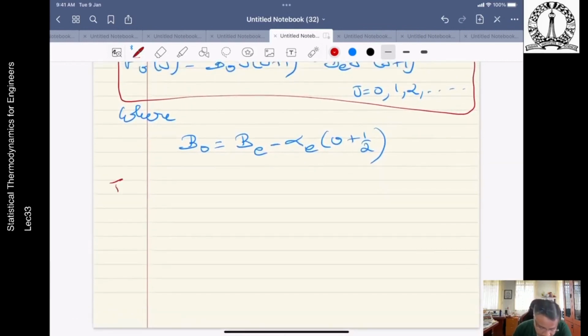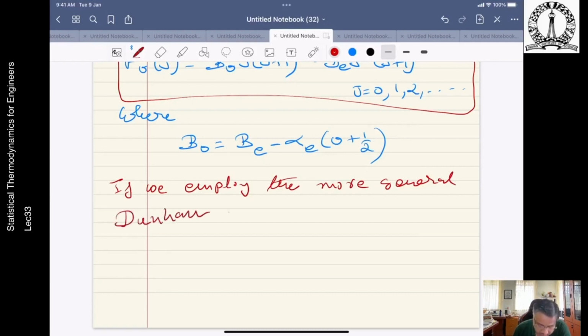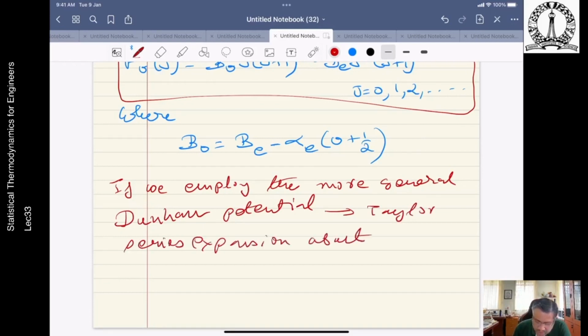If we employ the more general Dunham potential, which is basically a Taylor series expansion about re, we merely introduce higher order terms into these equations.